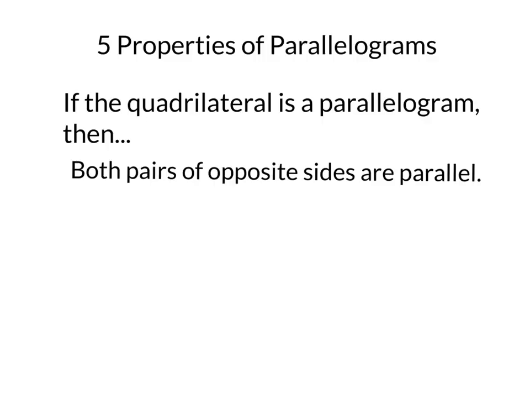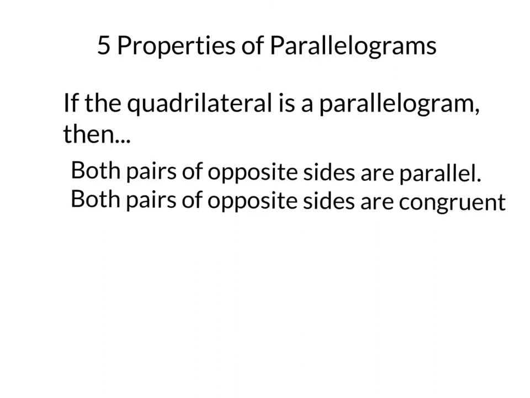Let's go over that one more time. There are 5 properties of a parallelogram. If the quadrilateral is a parallelogram, then both pairs of opposite sides are parallel. Both pairs of opposite sides are congruent.